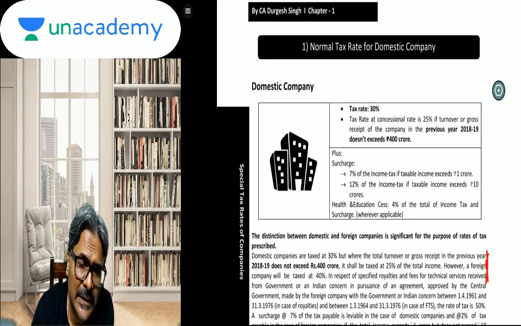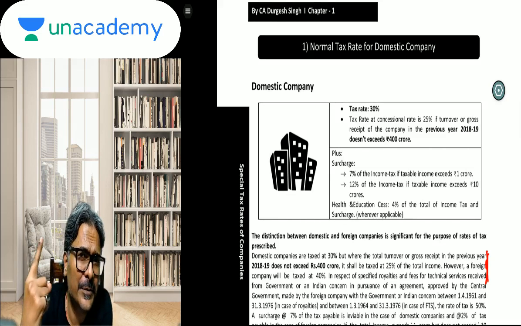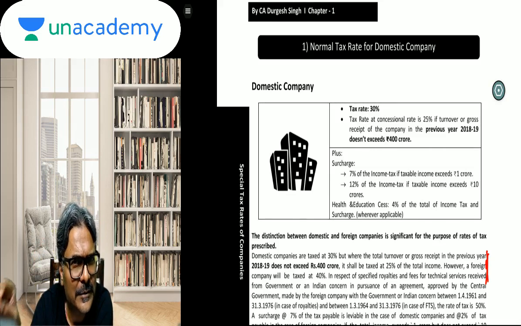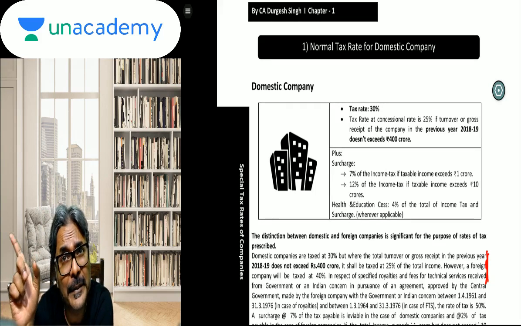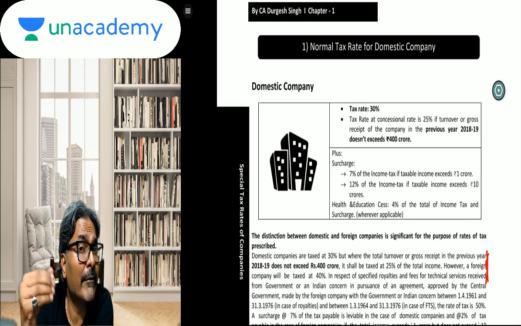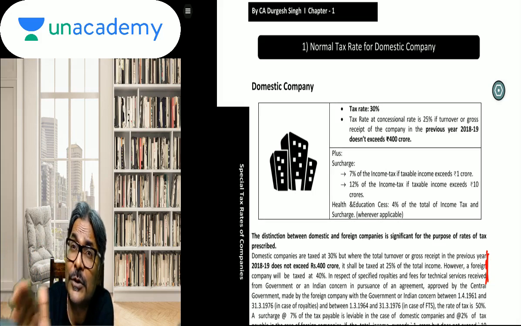Students, the correlation is this: why this 1 year gap? You may be aware that there is a 1 year gestation period. You will file the return in the assessment year, and then it will go for the intimation. There can be some apparent mistake that will get rectified, isn't it? That will have an impact on your turnover.